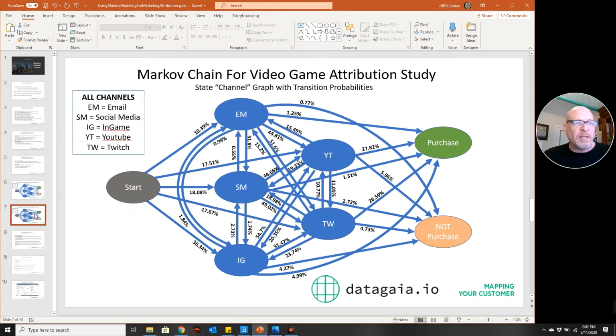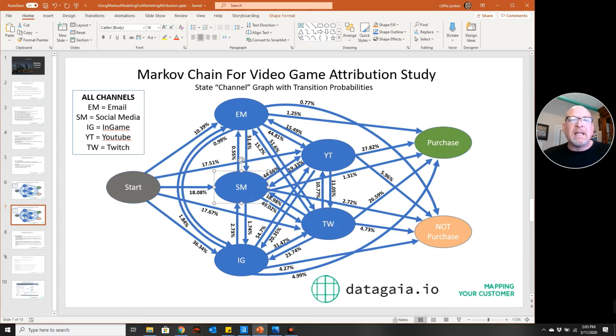Now, on this next slide, I'm showing what is known as the probabilities associated with each transition from one node to the next. So going from start to social media, being that we've got email, YouTube, Twitch, and IG, all as possible places to start, 18.8% of the time, social media ends up being the first thing that they see right off the gate.